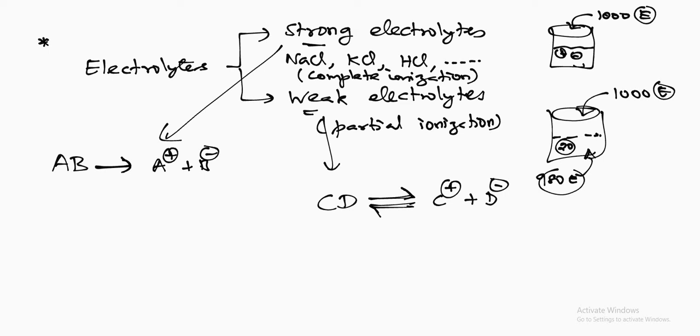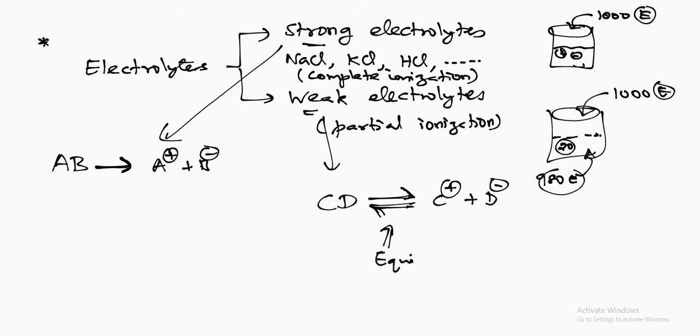Whenever a strong electrolyte is given, you should write the dissociation of the strong electrolyte with a single-headed arrow like this. For a weak electrolyte, you should put a reversible arrow. And here you will get what is called equilibrium.